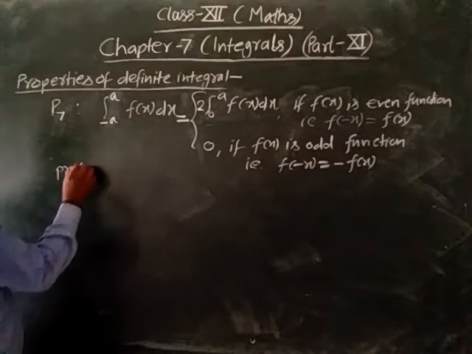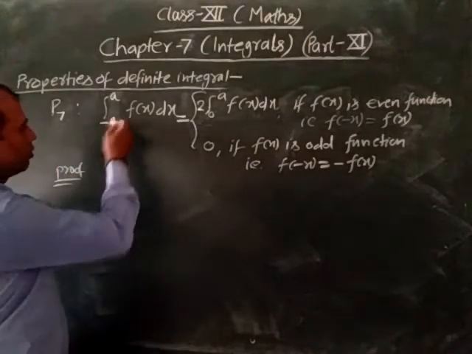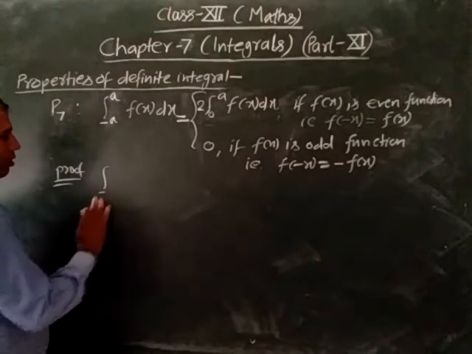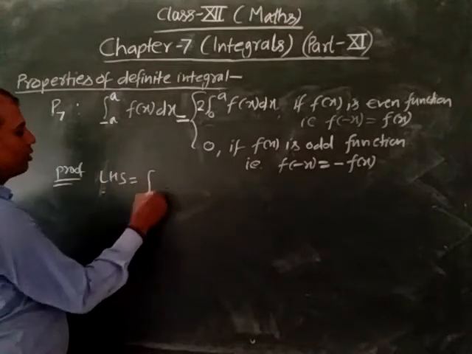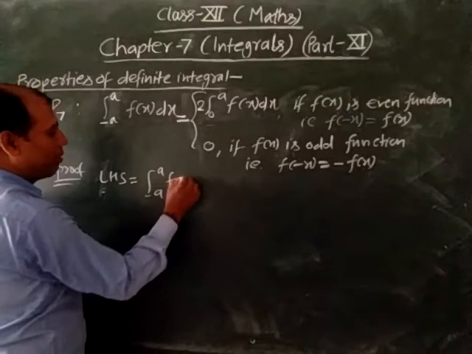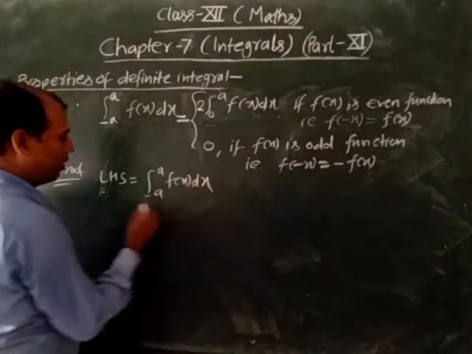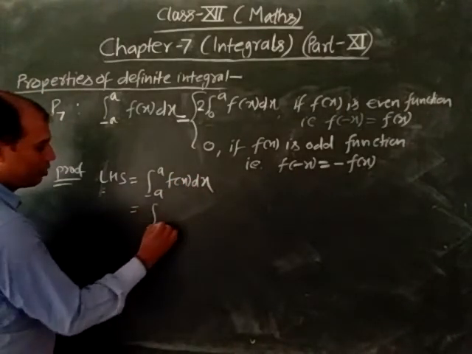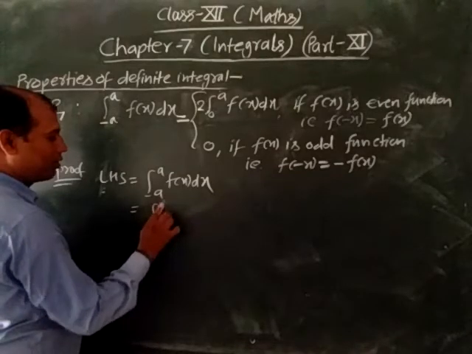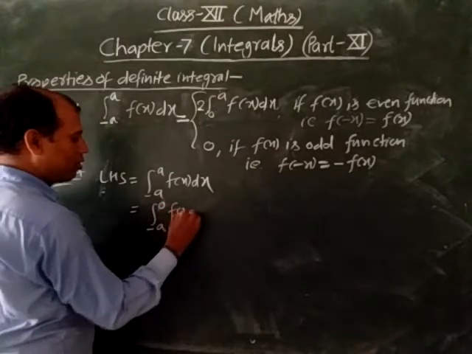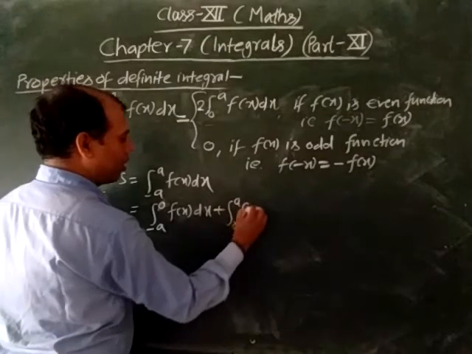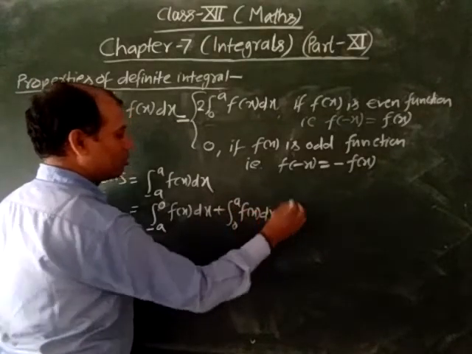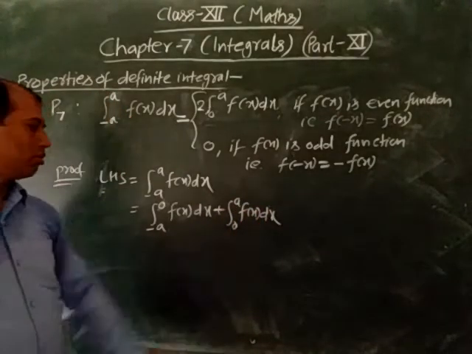Now we are going to discuss the proof of this. We can write the LHS, which is the integral from minus a to a of f(x) dx, as the integral from minus a to 0 of f(x) dx plus the integral from 0 to a of f(x) dx. Why is it so?